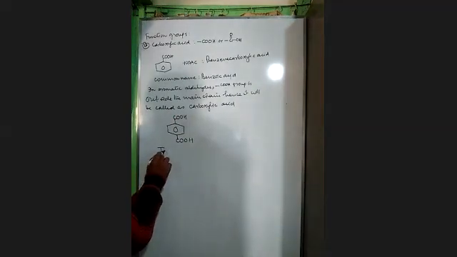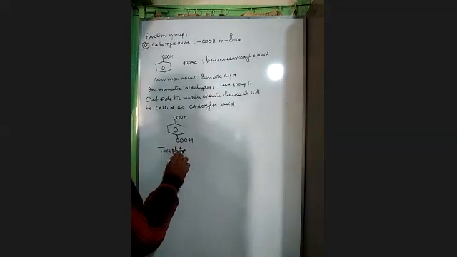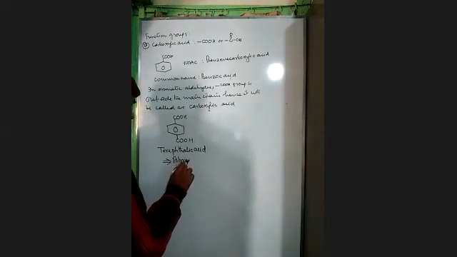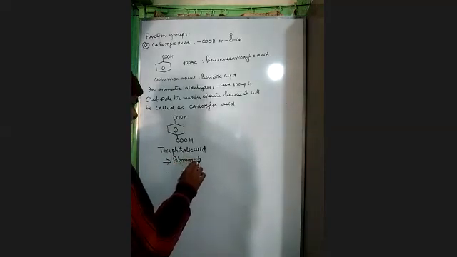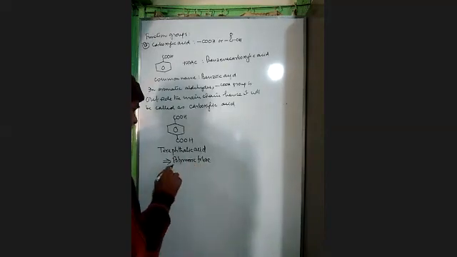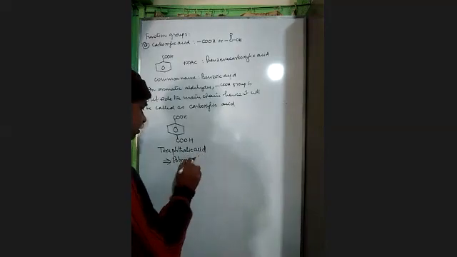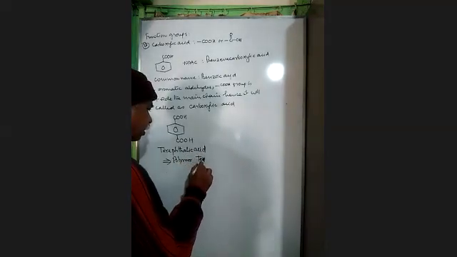See, this acid is a very important acid. We call it terephthalic acid. From here, what do we make? We make a polymeric fiber, a polymer which is known as terylene.